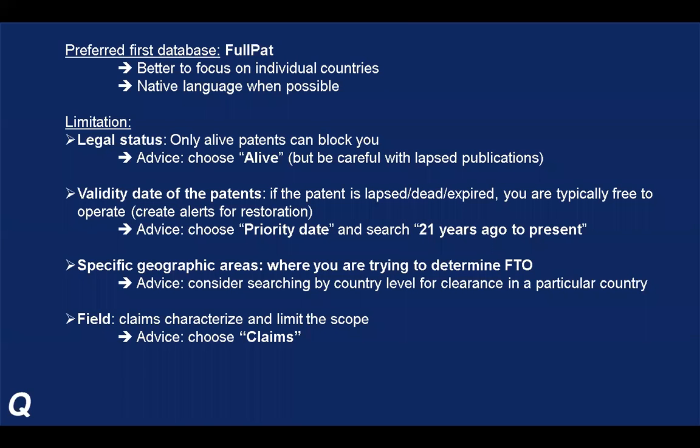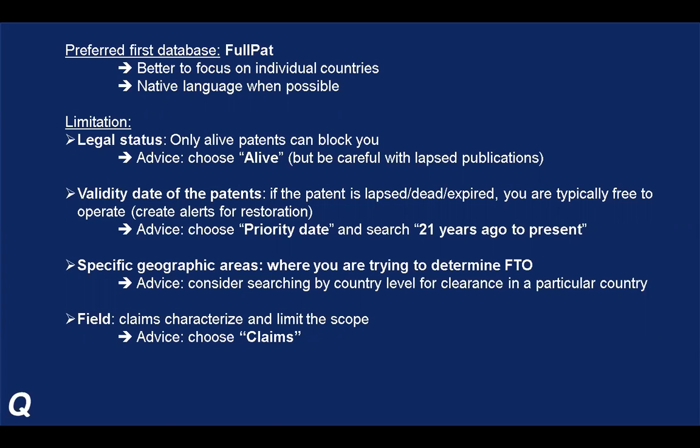Sometimes the same term will have a different dictionary meaning and an actual meaning. So when performing a database search for FTO in FullPat, you can look at individual countries and use the native language wherever possible. There are some limitations which you can apply depending on your situation.